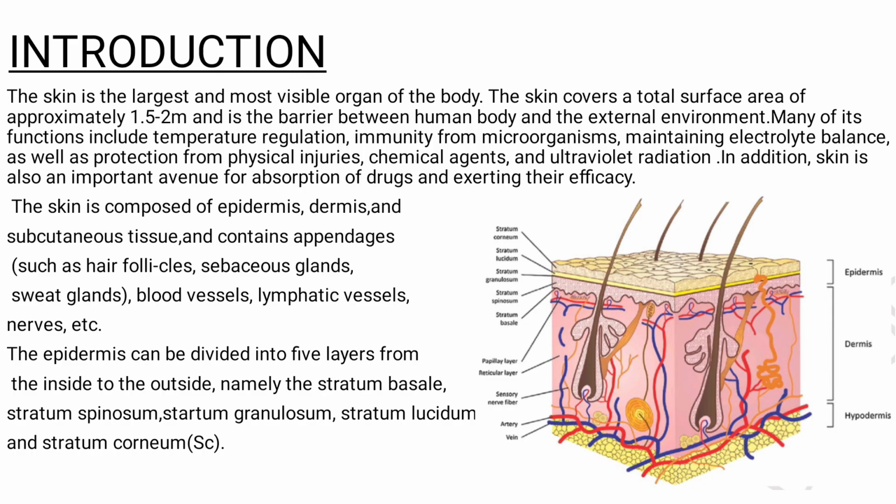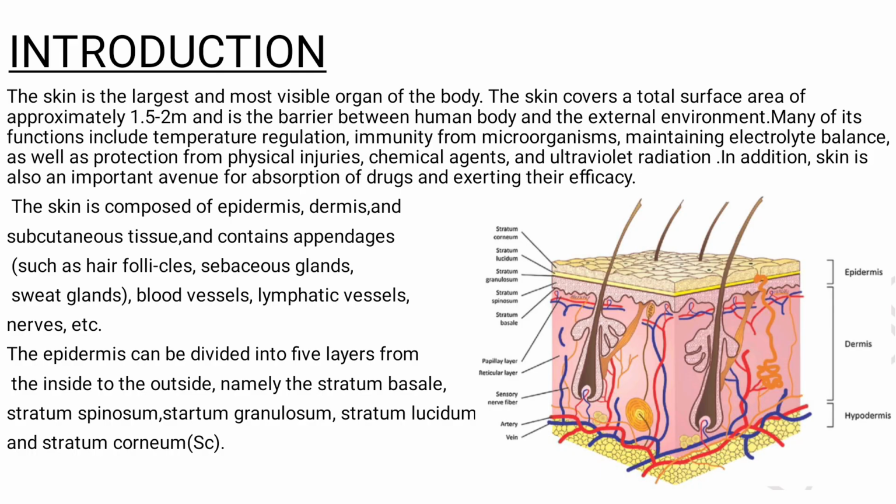Introduction. Skin is the largest and most vital organ of the body. It covers a total surface area of approximately 1.5 to 2 square meters and it is the barrier between the human body and the external environment. Many of its functions include temperature regulation, immunity from microorganisms, maintaining electrolyte balance as well as protection from physical injuries, chemical agents and ultraviolet radiation.